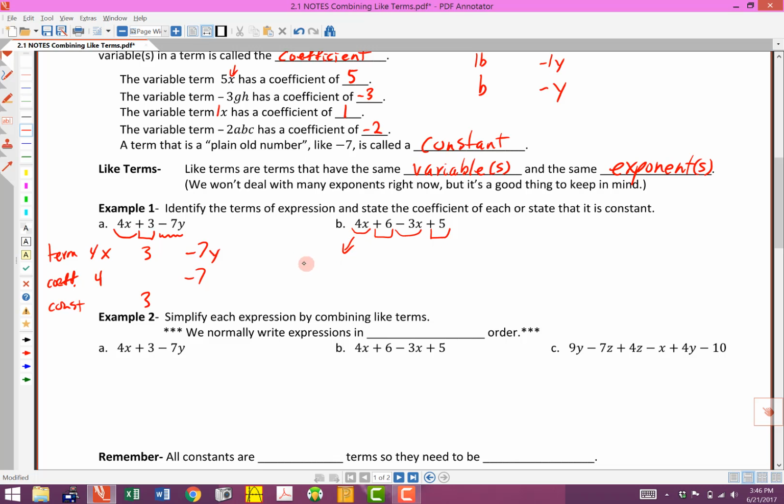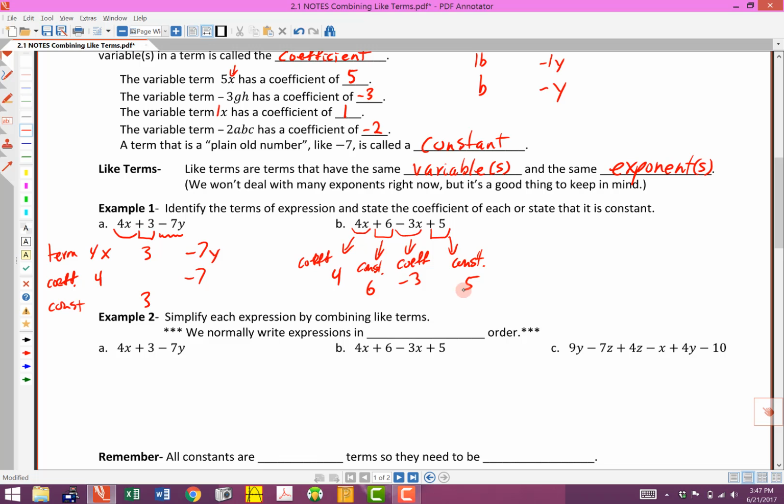I'm going to just go off to the side here, and I'm going to write that the coefficient is 4. The coefficient right here is negative 3, and each one of these is a constant. So I'm going to write const is 6, and the constant here is 5.